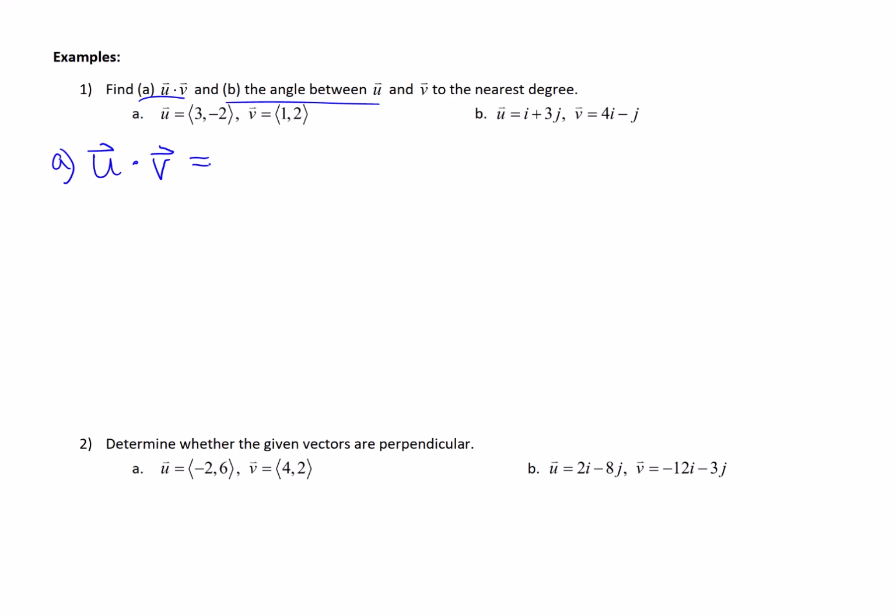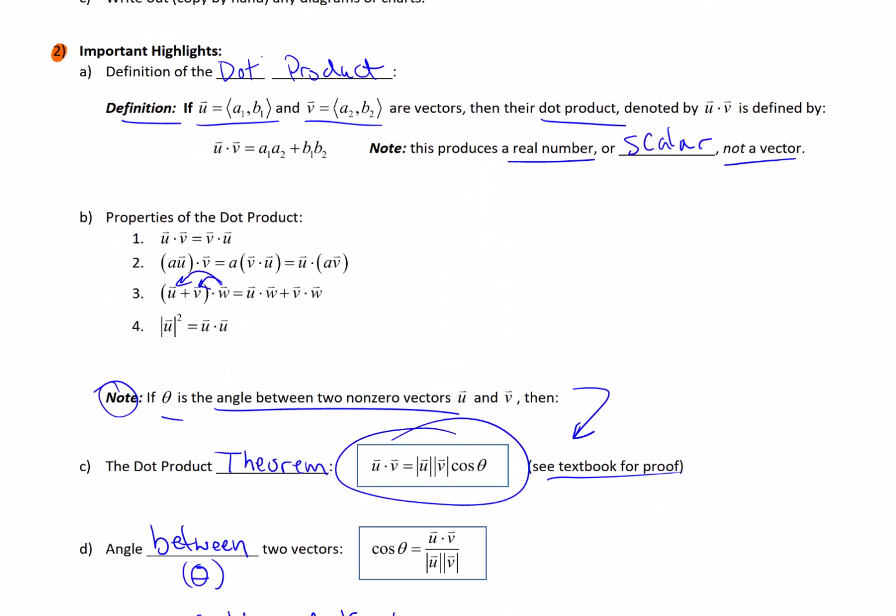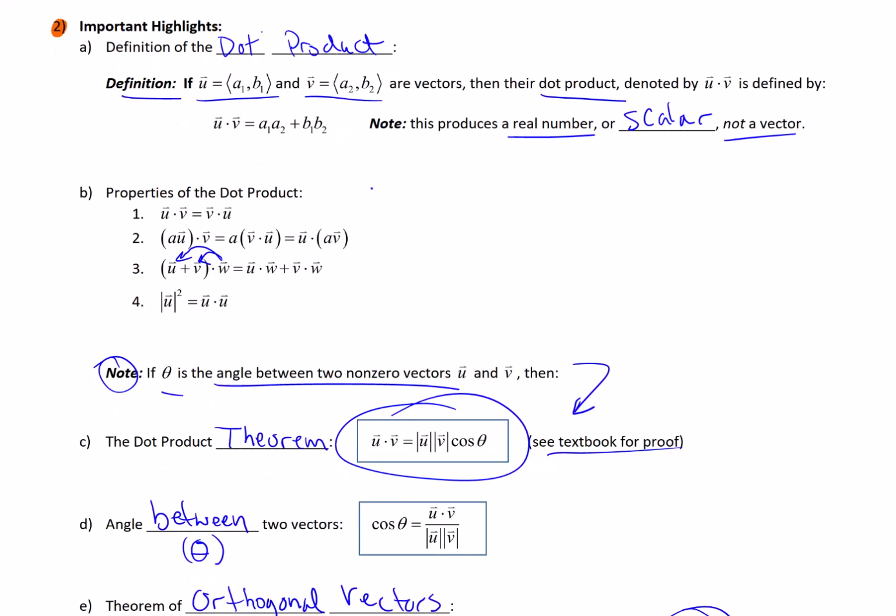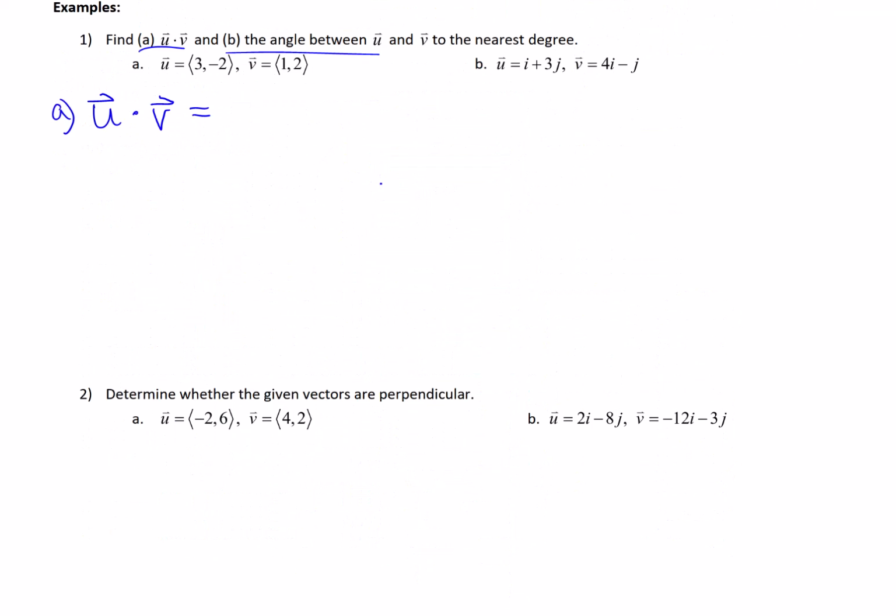As we discussed in our definition, the dot product of u and v would be their horizontal components multiplied together plus their vertical components multiplied together. So for these given vectors, that would mean 3 times 1, the product of their horizontal components, plus the vertical components, negative 2 times positive 2.